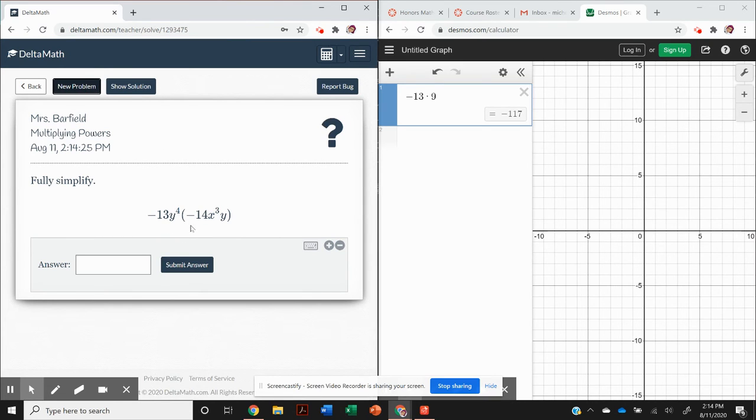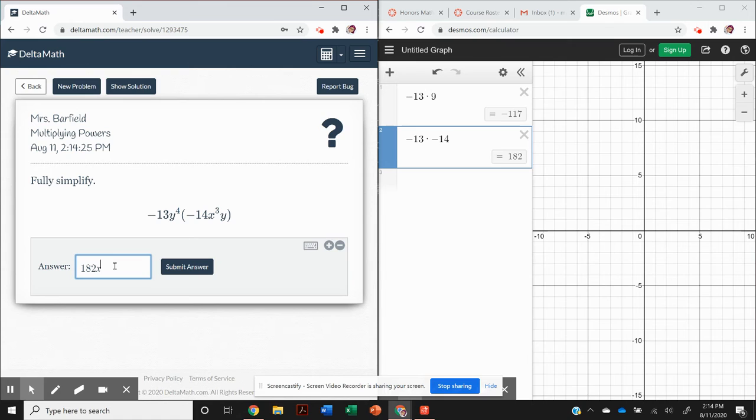All right, so I got -13 times negative, wait, let me read the problem. -13 y to the fourth times -14 x to the third y. All right, so same thing here. I need to multiply. Okay, you can start a new line and do -13 times -14. So that's positive 182. All right, x, again, I can't add any exponents.